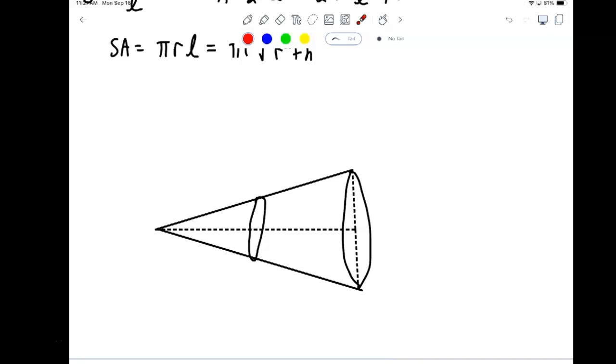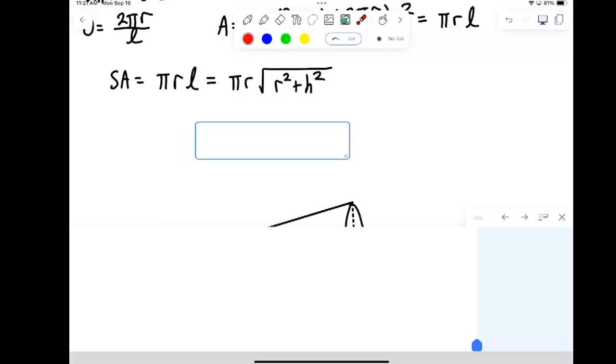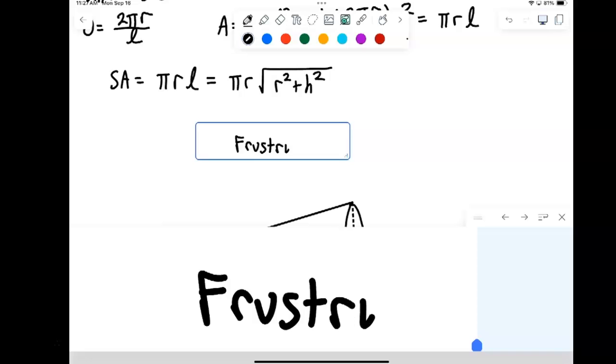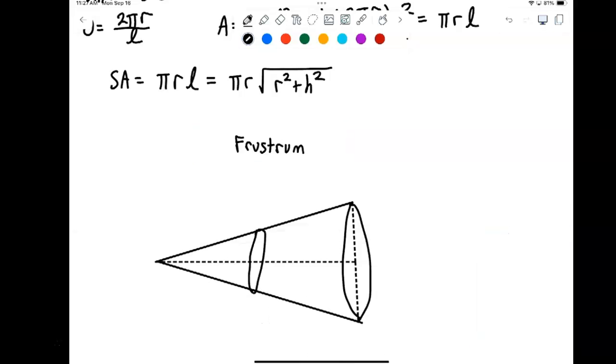So to get to that idea here, I want to put in a little bit more information. To talk about the area of the frustum, we're going to talk about first two cones: the really big cone here, and the really small cone here.